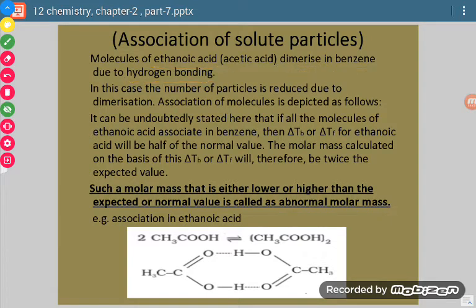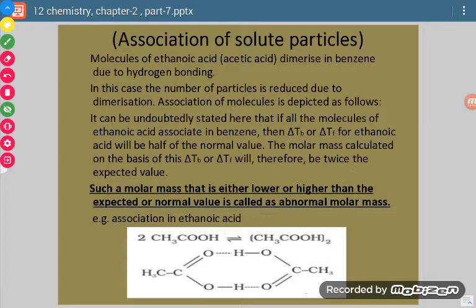Okay, in this case, the number of particles is reduced due to dimerization. Now see, colligative properties, we know that those properties depend on the number of molecules of solute. Now when there is dimer formation, it means if we were having 10 molecules, then now we are having only 5 molecules. So these properties depend on number.